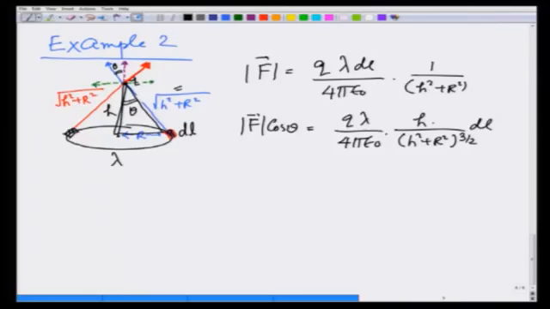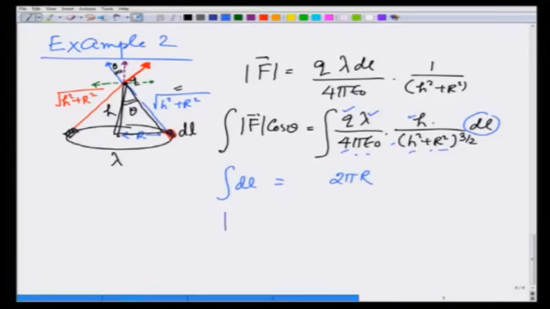Now, if I integrate this force, that gives me the total force. In this integration, all the quantities q, lambda, h, r are fixed. So, the only integration is over dl, and integration of dl is really the length of the ring, which is 2 pi r.